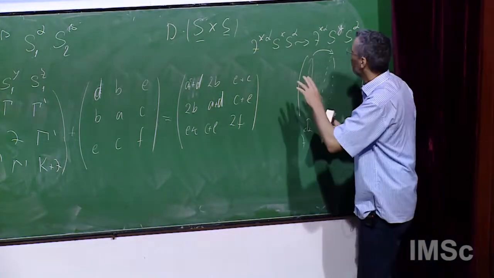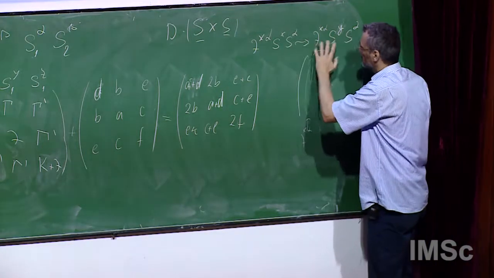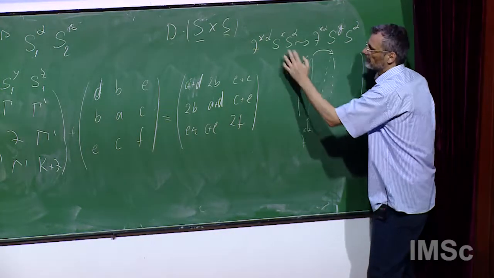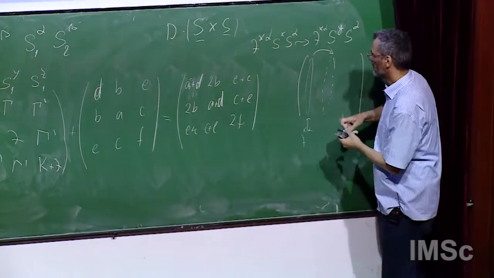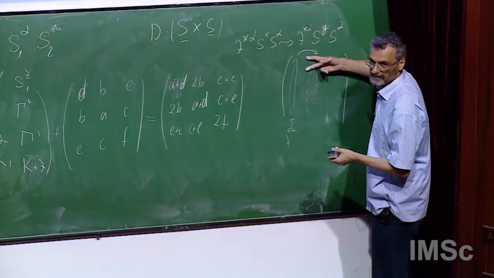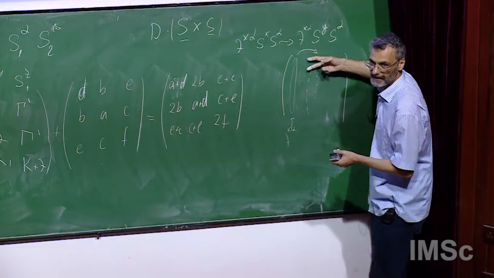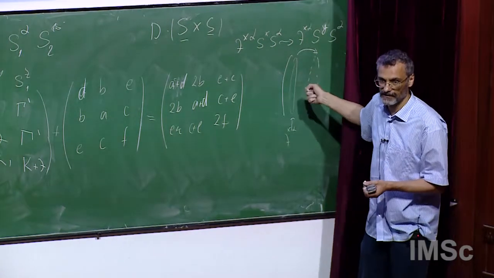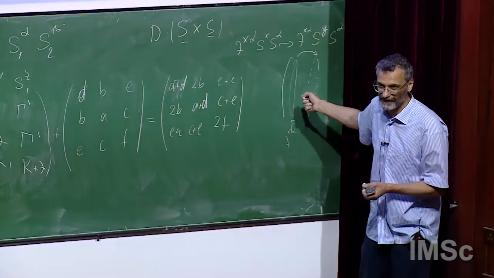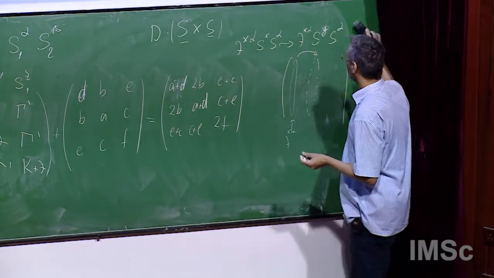Similarly, Sy here becomes Sx, so it will just swap these two columns for spin 1, and similarly I need to swap the two rows for the second spin as well, the x and y. Is this clear, or would you like some more explanation? Yes. Okay, good.